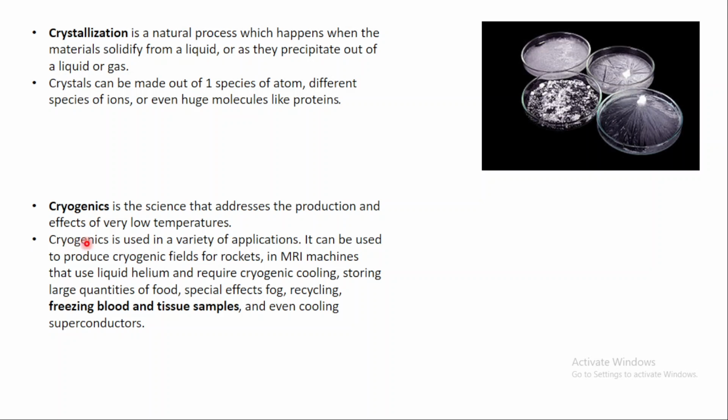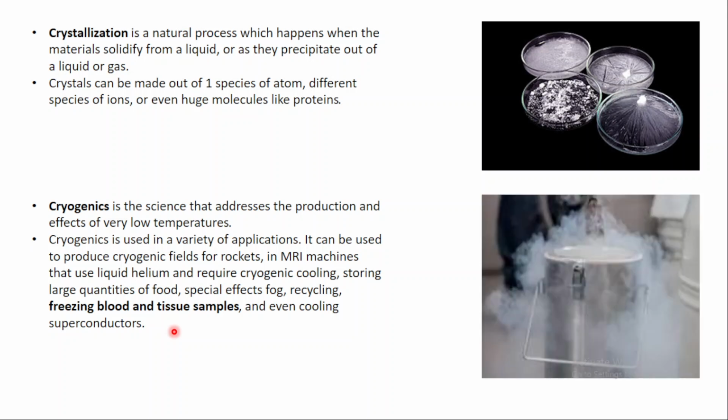To cool that down, we use cryogenics. It is also used for freezing blood and tissue samples, for preservation of tissues and blood intact, for storing food, and for cooling of superconductors. So there are many fields which use cryogenics.